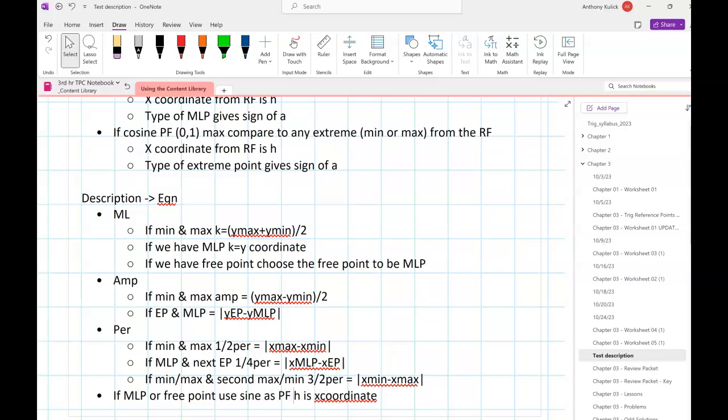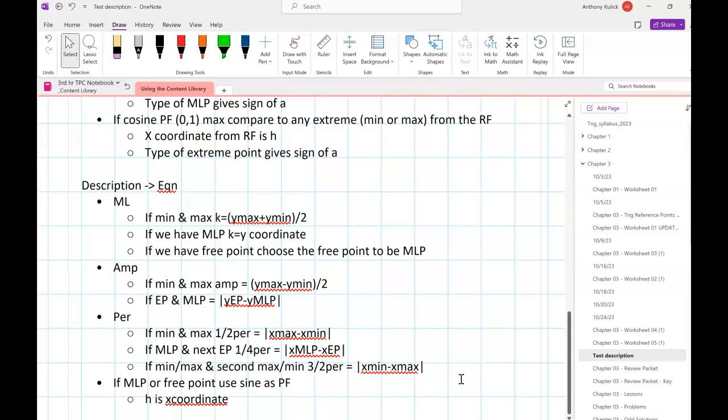We should say that we use sine as the parent function, and H is the x-coordinate from the midline point.